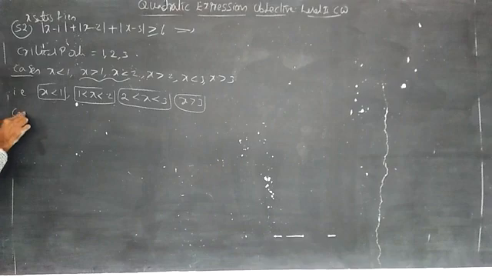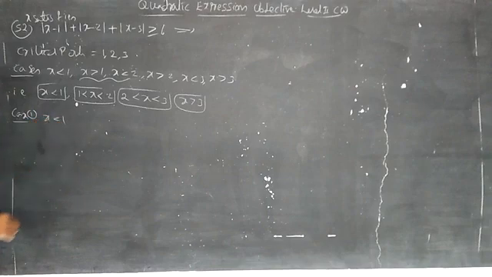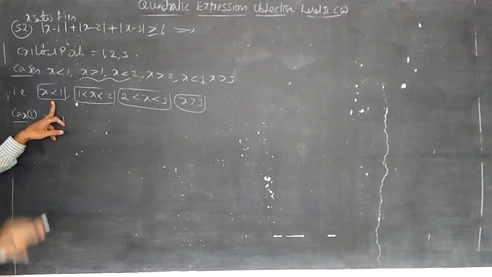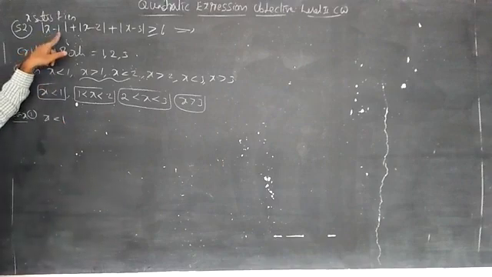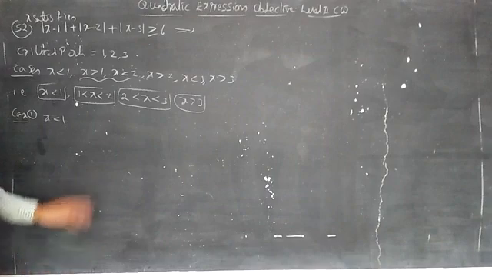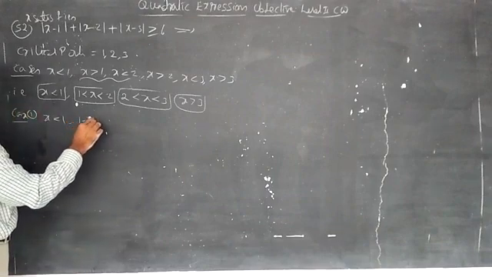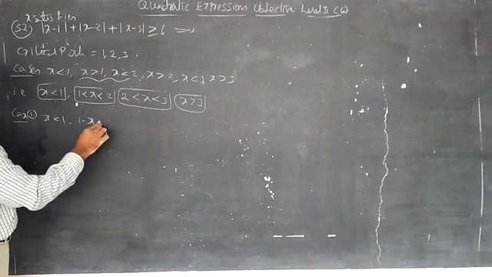Case 1: x less than 1. So between 0 and 1, substitute here. Whenever x is less than 1, let us consider 0.5. 0.5 minus 1 becomes minus 0.5, so the absolute value becomes 1 minus x. We should consider it as a negative value.